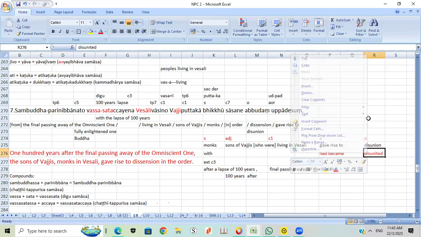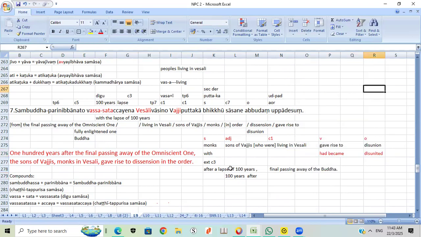Then the front one, can you see this is an instrumental? Normally we call it an extension, because the subject is so long, and then this is a verb, this is the object, followed by extension. Here it says "with the lapse of 100 years". What I think is "with" is changed to "after a lapse of 100 years".